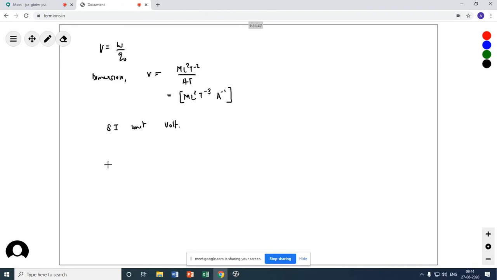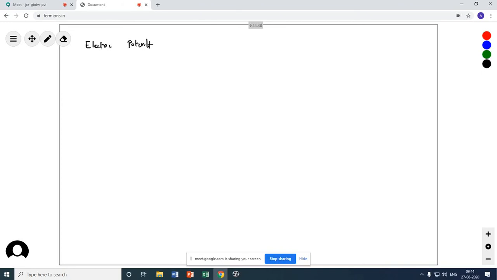To understand electric potential, consider another situation. So electric potential at a point. Let us see this. How else can you define it?